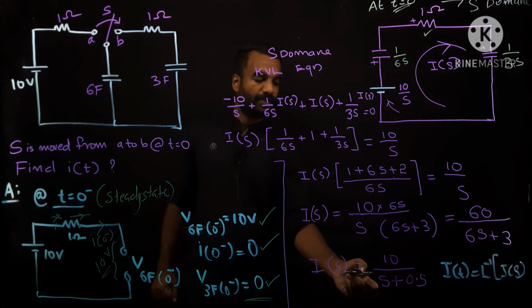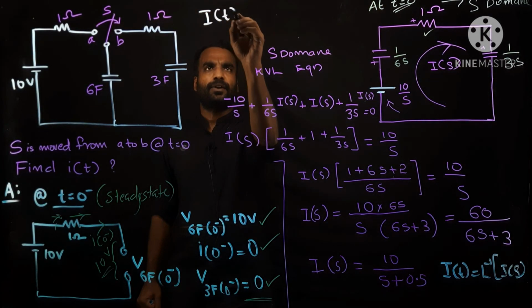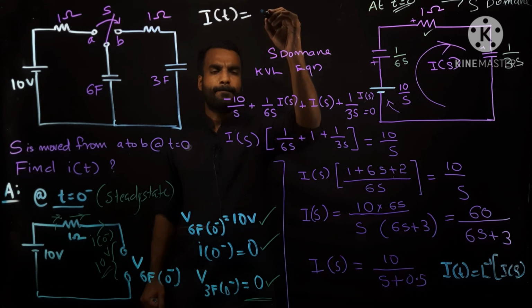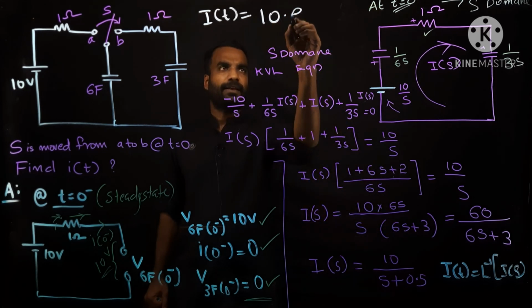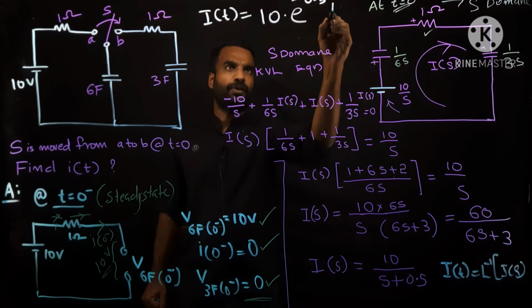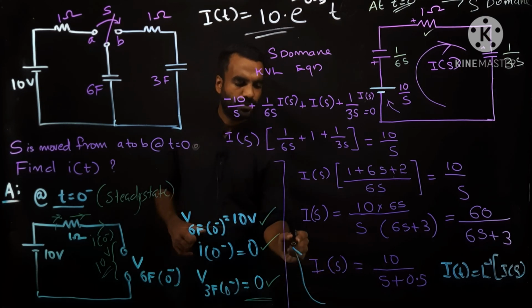So what is the inverse? If I am writing I of t here, please check. I of t is equal to 10 into 1 by s plus a, so e raised to minus at, e raised to minus 0.5 t, as a is 0.5. This is the final answer. So please go to the top side.